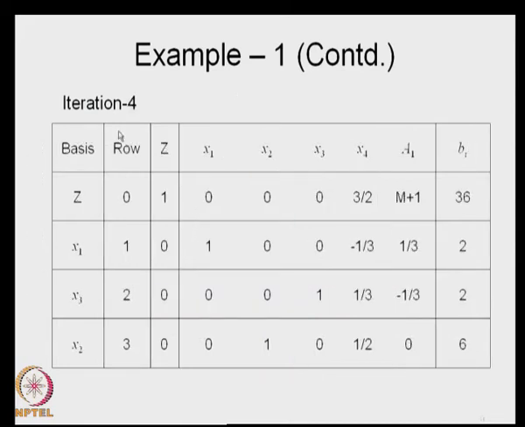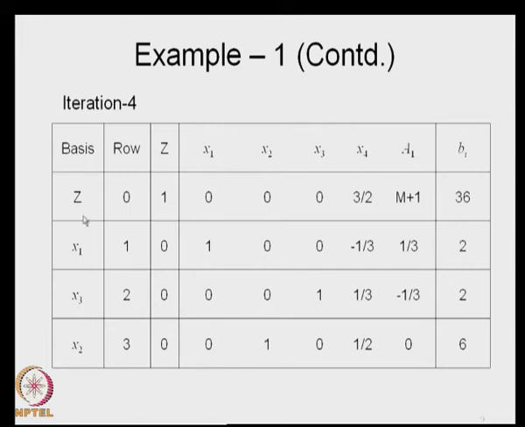When you go to the iteration number 4, when you ask the question, is this solution optimal, and examine the coefficients in the z row of all the variables including the artificial variable, you will see that all these coefficients are non-negative, and therefore, the solution cannot be further improved, and therefore, this becomes the optimal solution.